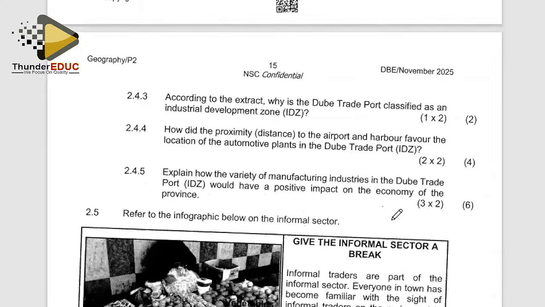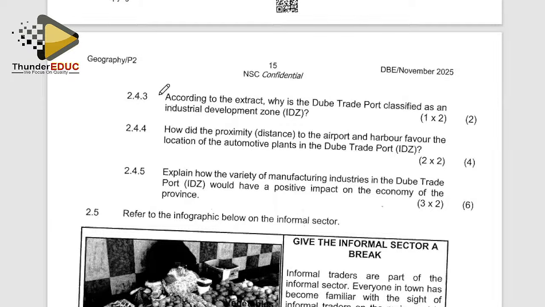Then the next question is saying, how did the proximity or the distance to the airport and the harbor favor the location of the automotive plants in the Dube Trade Port? The vehicle manufacturing businesses, how are they favored by the location of the Dube Trade Port close to the airport and the harbor?